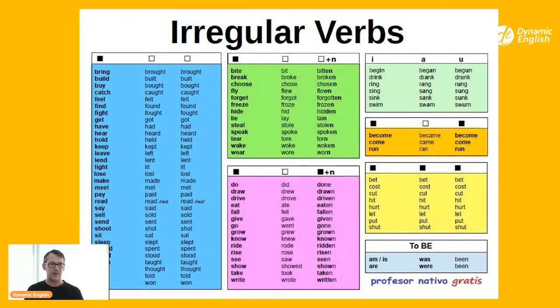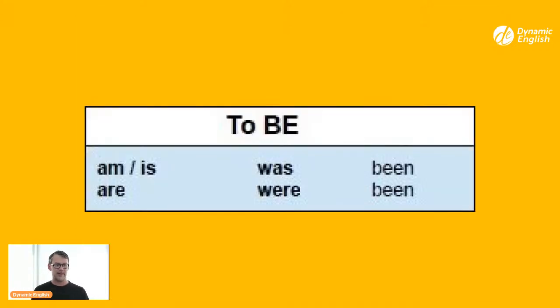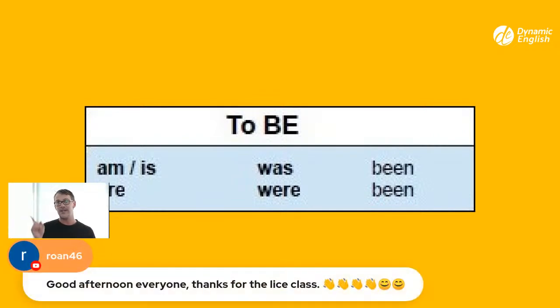All right? So if we take a look at our first verb, it's the most important verb in all of English, okay? In Spanish, this verb is both ser and estar. But in English, it's just one, to be. So if you think about ser and estar in Spanish, you understand how important this verb really is because we use it every day, all the time, in every conversation, all right?